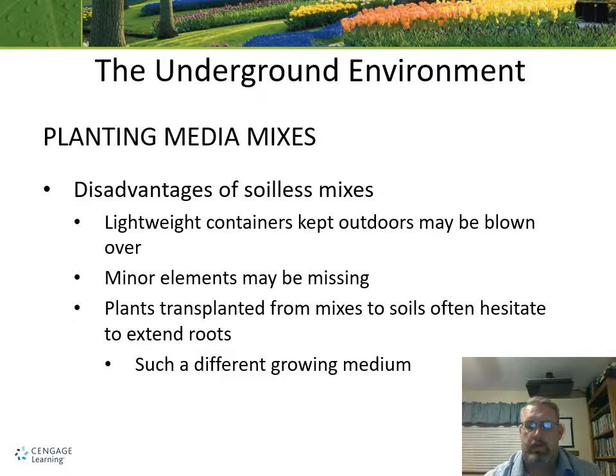And then when it encounters the hard soil, it doesn't want to grow through the harder soil because it's been living this cushy life in this soilless medium, and you put it out into a hard soil environment, and it doesn't like to have to work for growing through the soil.